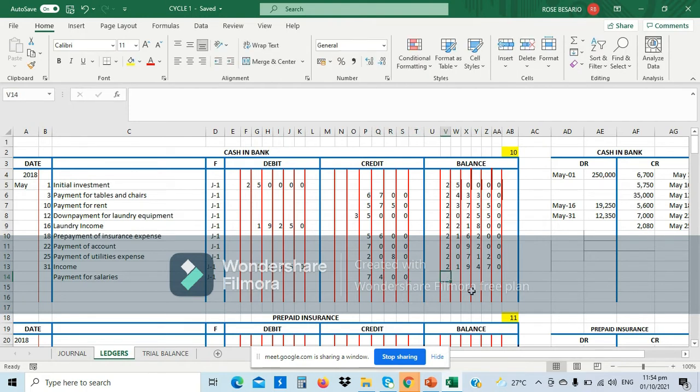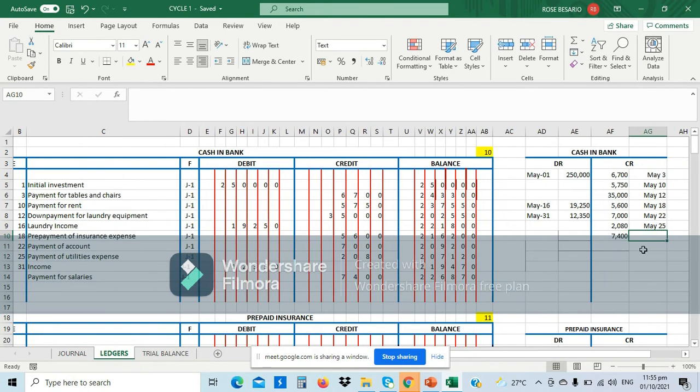Okay, and then the running balance is 219,470 plus 7,400. So you have 226,870. And then in the T account, you also have to enter 7,400 on the credit side. So May 31.